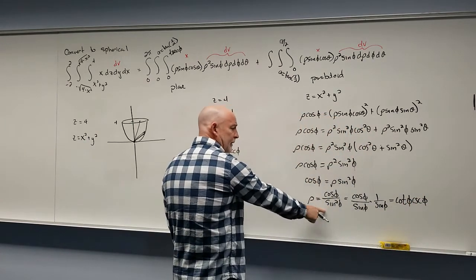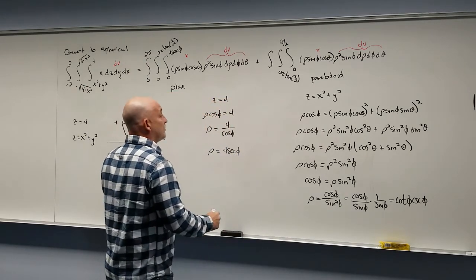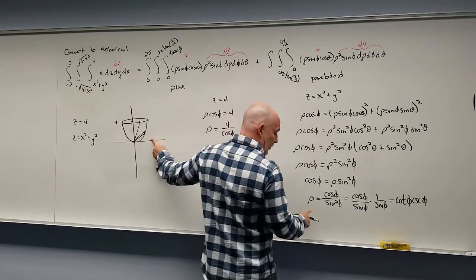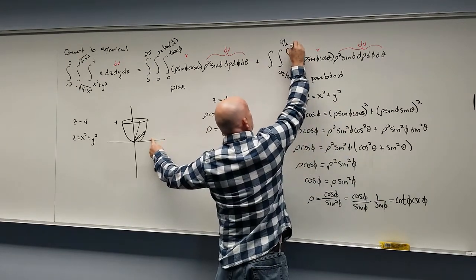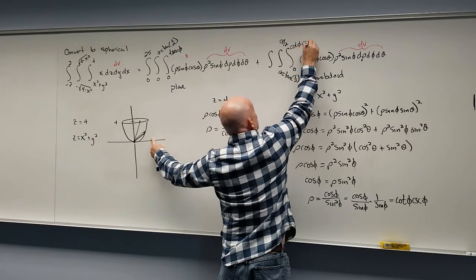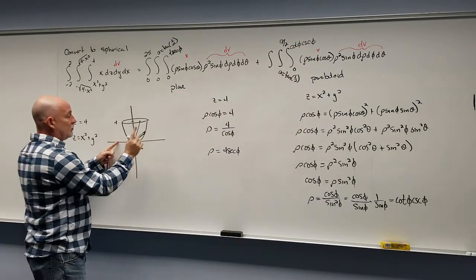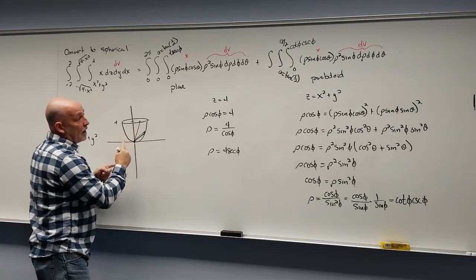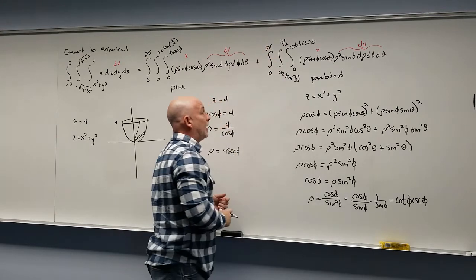And by the way, if you left it like this, that would be perfectly acceptable. Okay, so rho runs from 0 out to the paraboloid. The equation for the paraboloid is rho equals cotangent phi cosecant phi. Now again, to map out this entire region, we're going to have to go all the way around. So theta goes from 0 to 2 pi.